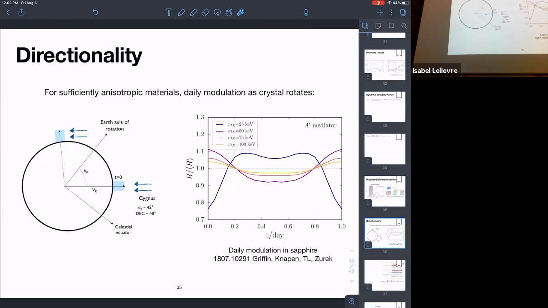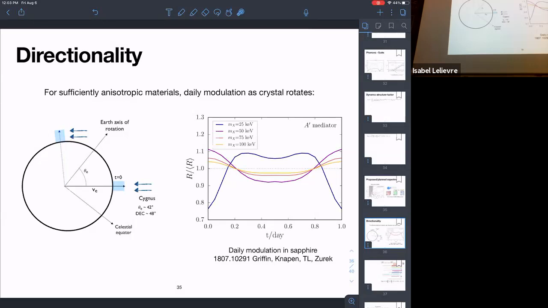But there are some technical challenges. If you had a small crystal, of course, you can just place a whole array of them, and you can have more.